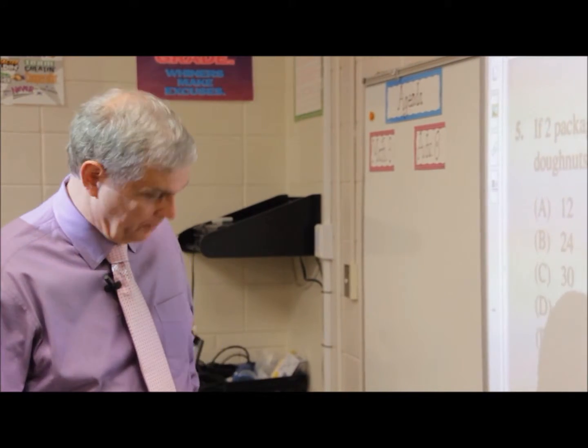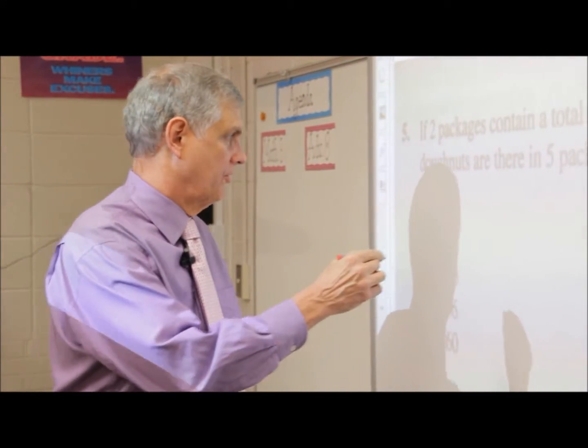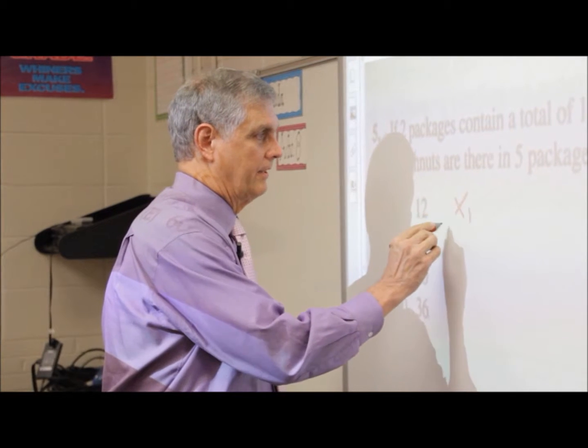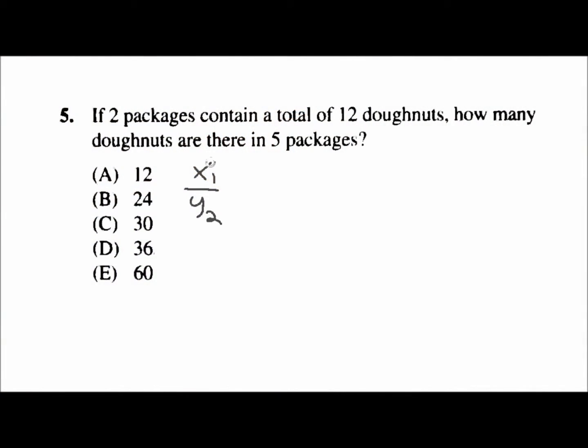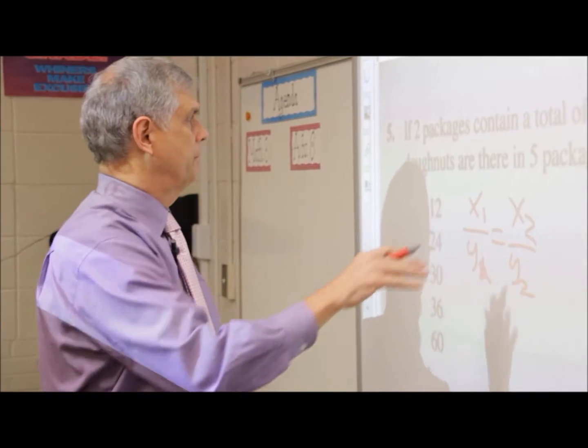So let me write the formula out again. You don't have to do it on the test. You should have it in your head by the time you get ready to take the test. This is x1 over y1, and this is x2 over y2. And so let's let x be the packages.